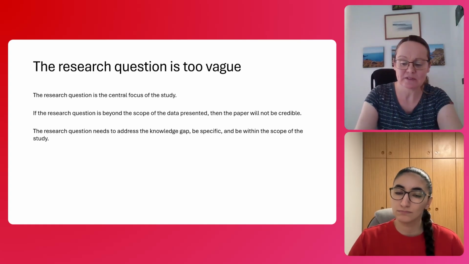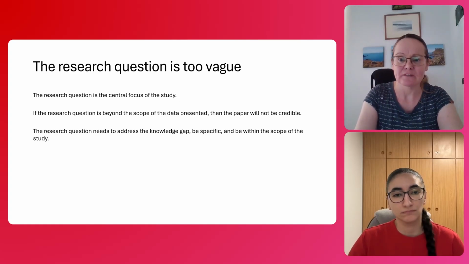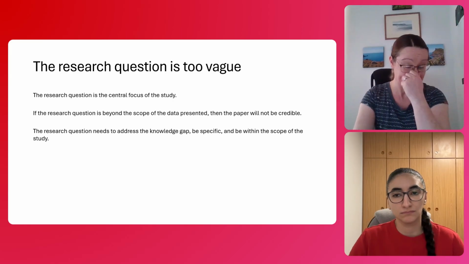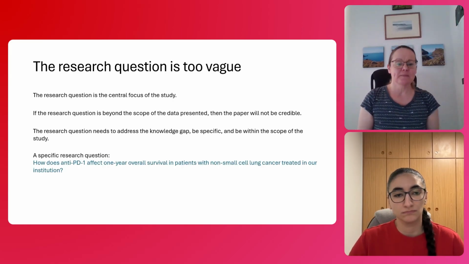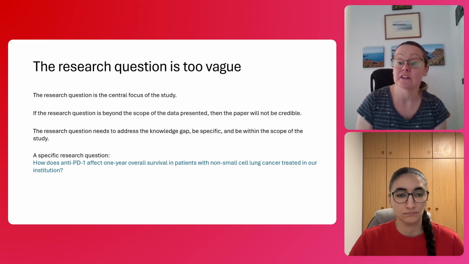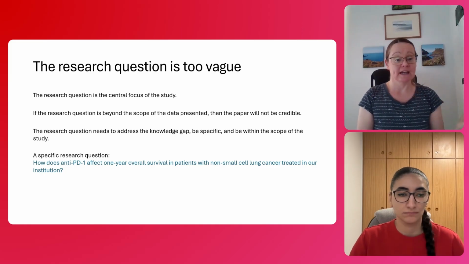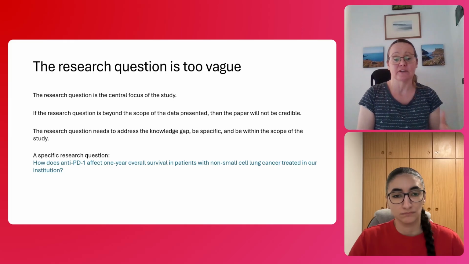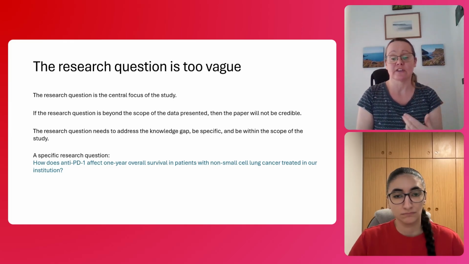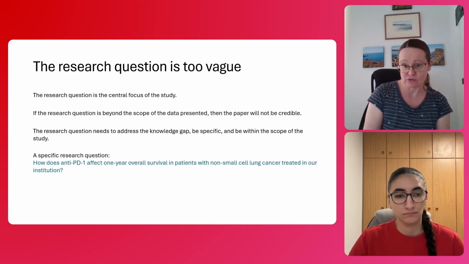So I have a couple of examples here of two versions of the same research question, just to show you what I mean by that. This, in my opinion, would be a specific research question. How does anti-PD-1 affect 1-year overall survival in patients with non-small cell lung cancer treated in our institution?